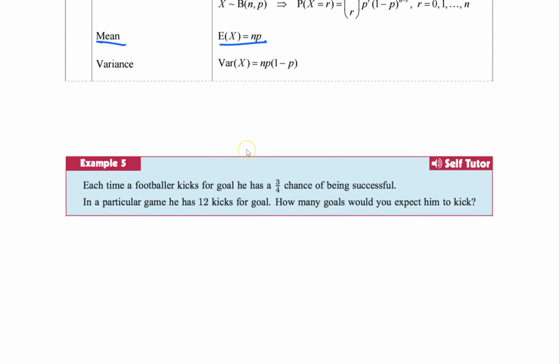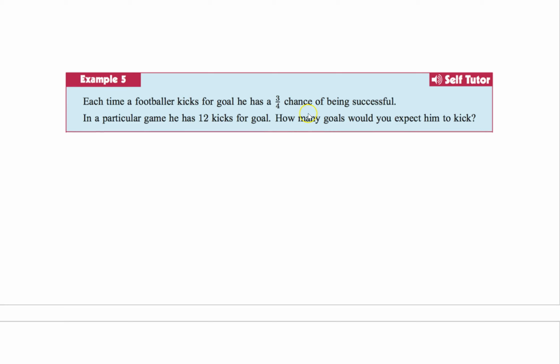Now let's do an example. Each time a footballer kicks for a goal, he has a 3/4 chance of being successful. That sounds like a probability. In a particular game, he has 12 kicks on goal. So that's the number of kicks I have on goal. How many goals do we expect him to kick? Same idea. My expected value, here's a symbol for it. There are 2 formulas really, but I don't have a table. All I have is 2 numbers.